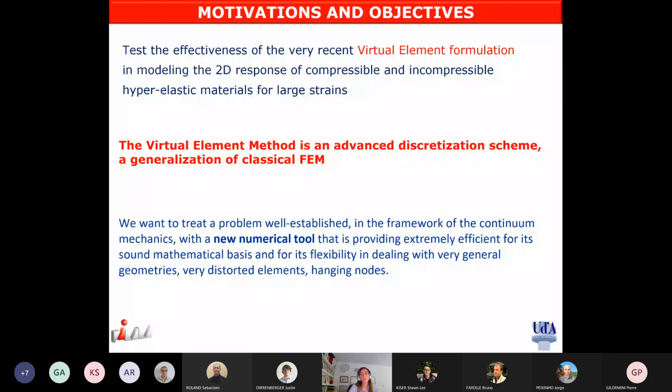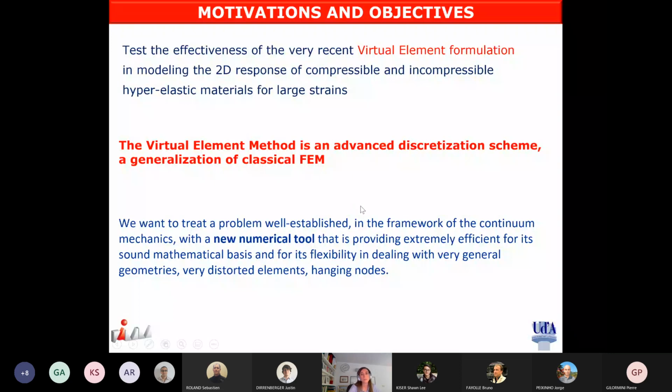So the idea is to treat a problem that is well established in continuum mechanics, but exploring a new numerical tool that is very promising, proving extremely efficient both for its mathematical basis and for its flexibility in dealing with very general geometries, very distorted elements, and also hanging nodes, and you will see also collapsing nodes.